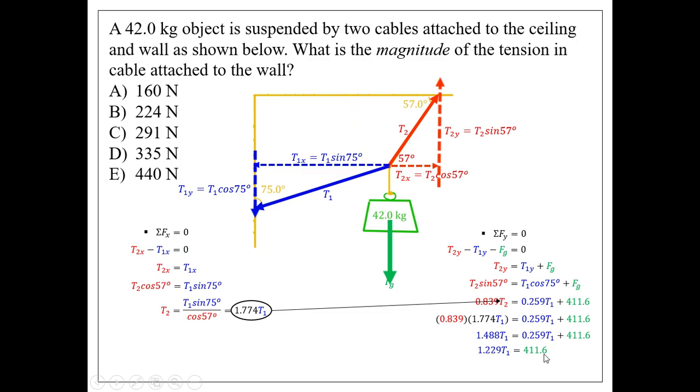And then to find T1, divide both sides by the coefficient of 1.229. That's it. T1, if you punch in correctly on your calculator, should come out to be about 334.91 newtons, and that roughly matches choice D, which is about 335.